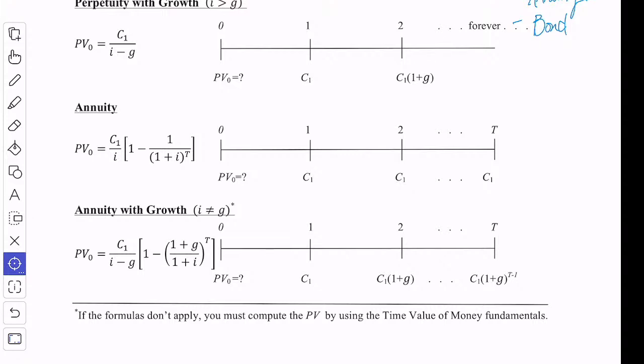The payments are related by a growth factor, otherwise they are different, but they are related by a growth factor of G. So we need to start with our perpetuity formula and then carry out the same steps that we did for the regular perpetuity formula. So you take the perpetuity with growth formula, remove all the cash flows after this point, which really is a perpetuity, by subtracting the present value of those cash flows off. So that's what we're going to do to derive this formula.